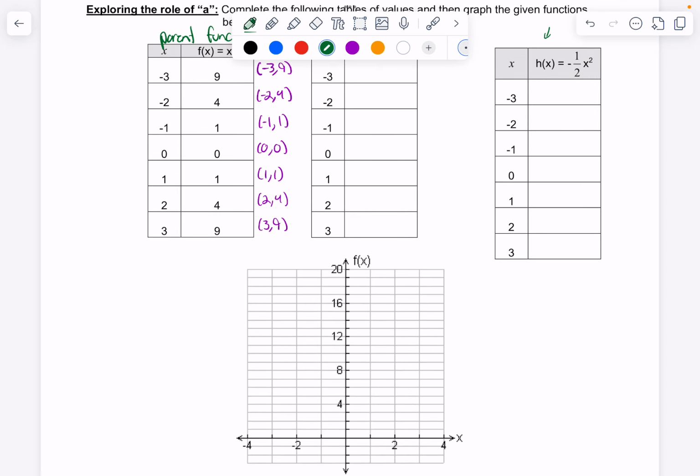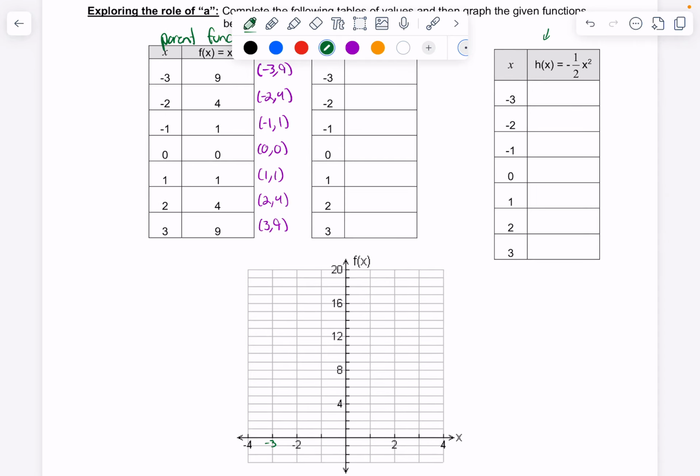We're plotting the point -3 and 9. Oh, sorry, not 10, -3 and 9.